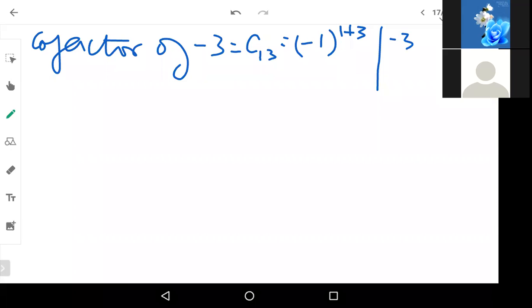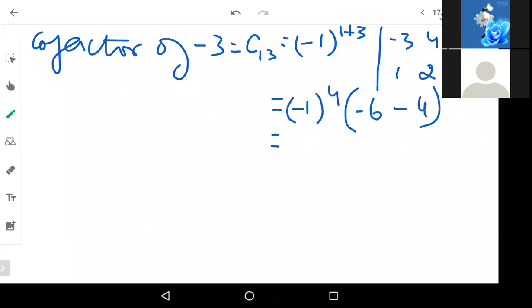Minus 3, 4, 1 and 2. Correct. Cofactor of minus 3 is minus 10. Now go on, solve the next one quickly. So minus 1 to the power 4 into 3 2s are 6 minus 4 1s are 4. So 1 into minus 10 will be minus 10.